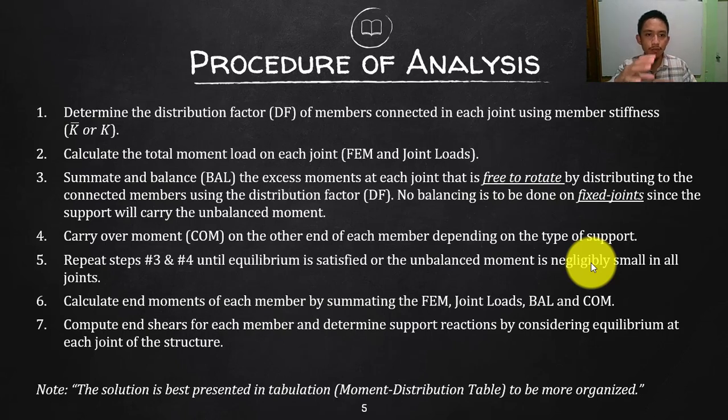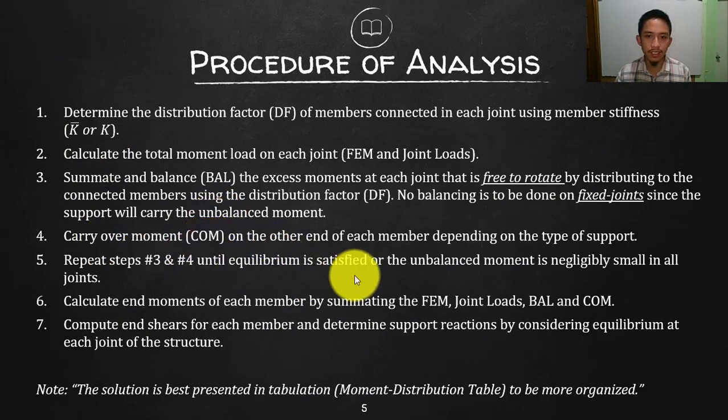Okay, since we will be repeating steps 3 and 4 again and again up to the time that you will end up equilibrium. But if not equilibrium, at least supposedly almost close to 0, or at least negligibly small, very, very small. Let's say that is 0.1 or 0.01. You can actually stop repeating the process 3 and 4.